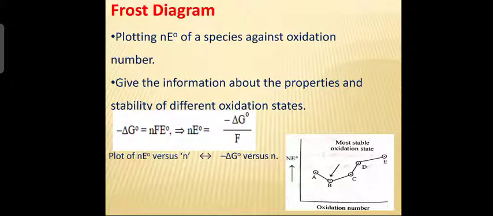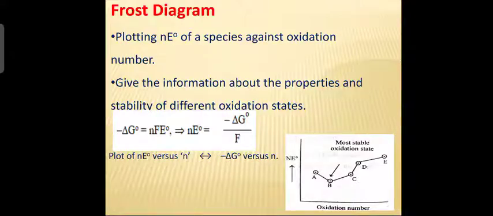Now what is delta G naught? Minus delta G naught is given by nF into E naught, or n into E naught is equal to minus delta G naught divided by F, that is, n E naught is proportional to minus delta G naught.